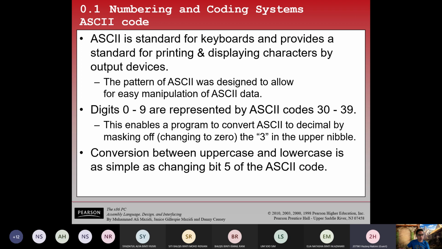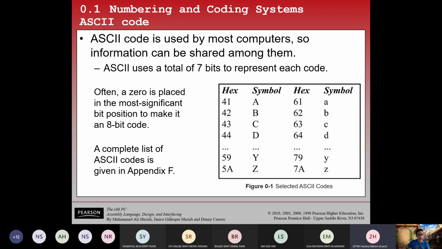When there is a change over here, meaning that there is a change in bit 5, then there is a change between uppercase and lowercase, as you can see here. We have a change from 5 and then it becomes 6. When it becomes a 6, then there is a change of the bit.